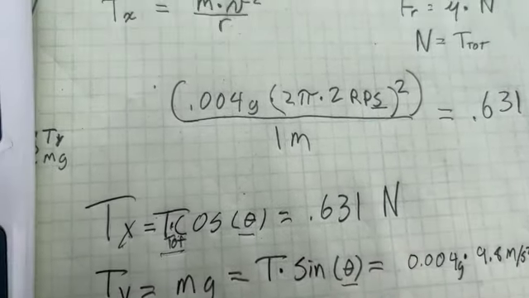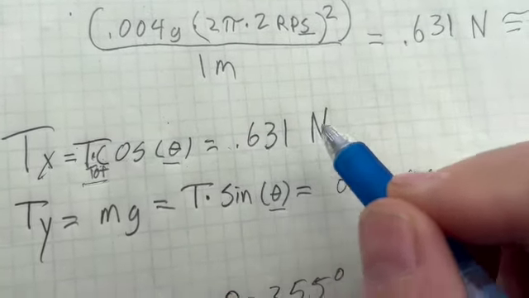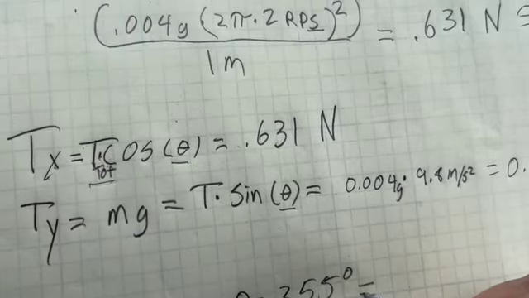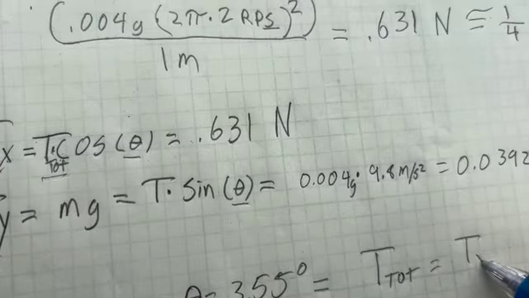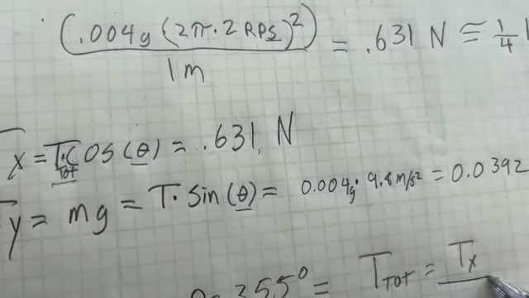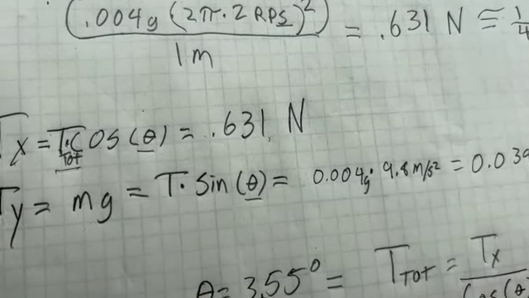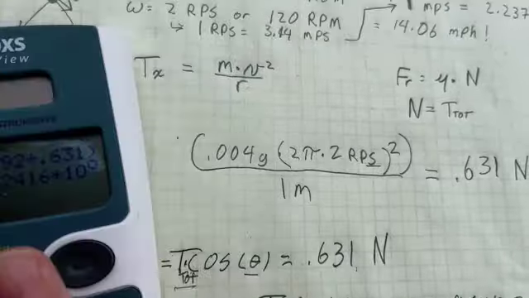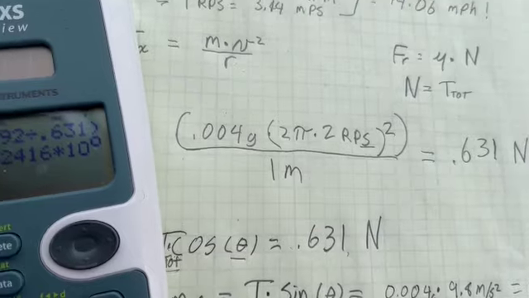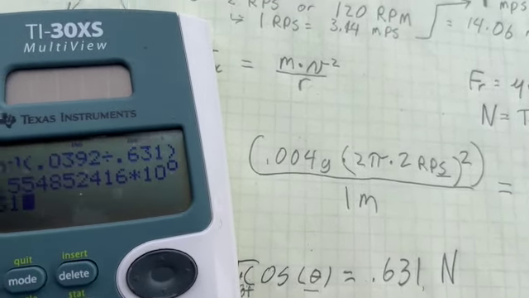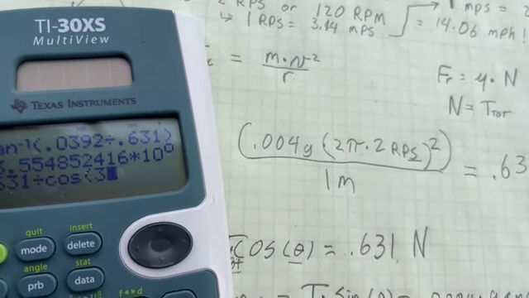Because we have T times the cosine of theta equals this 0.631, we can just say that T total equals Tx divided by cosine theta. So here's the fun part. Tx is our 0.631, divided by cosine of 3.55.